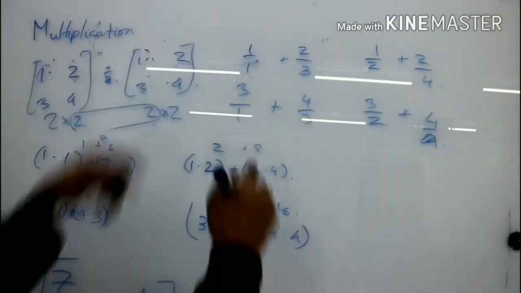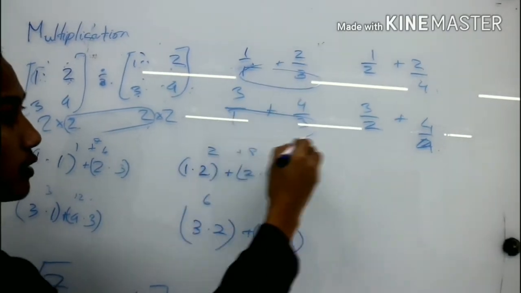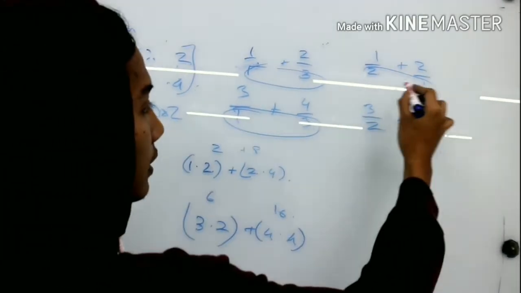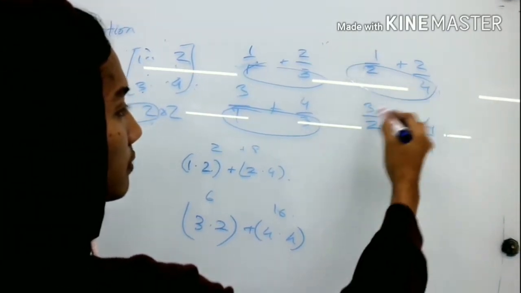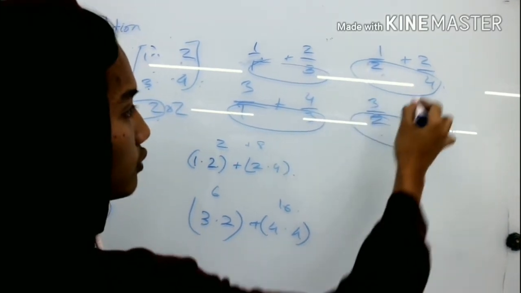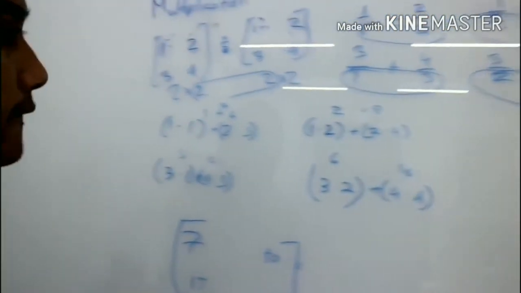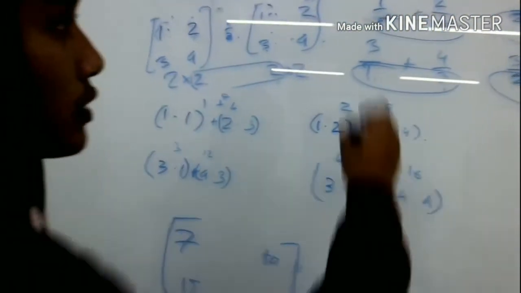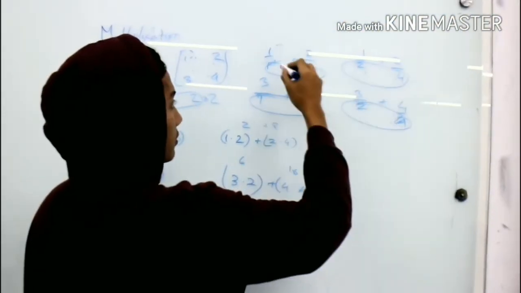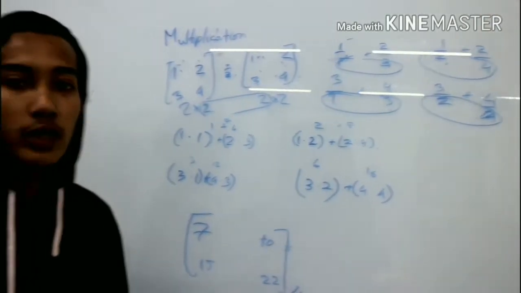From this we can see it's the same with this. It's the same, right? Yeah, it's the same. 2 and 2, 4 and 4, 3 and 3, and 1. And here, same also. So that's how it works.